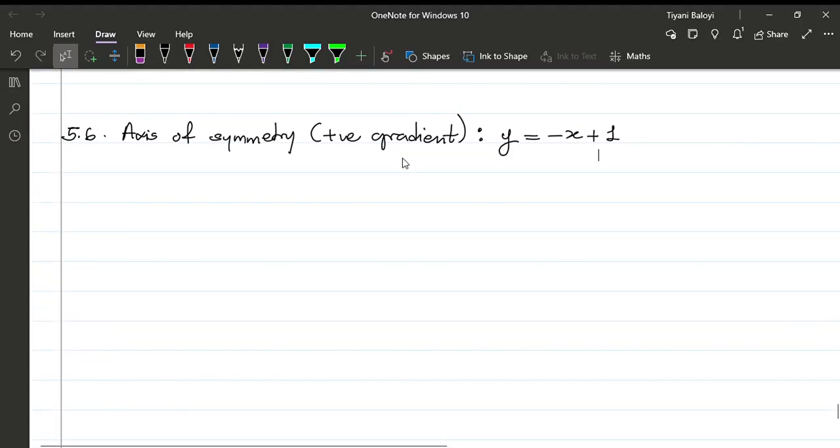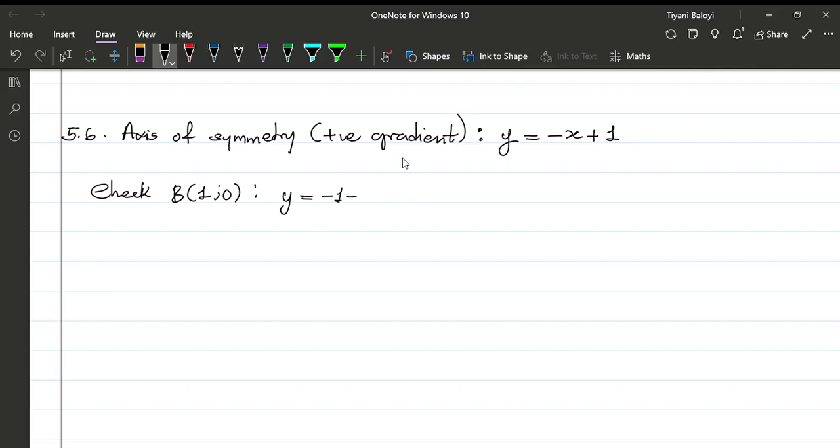So we check B, because I said we don't assume, right? So we check B, which is 1 and 0. We can check this by substituting either of these values into that. We substitute 1, so we'll have minus 1, because that's x, plus 1 gives us 0, which is the y value of B. Therefore, B lies on the axis of symmetry.